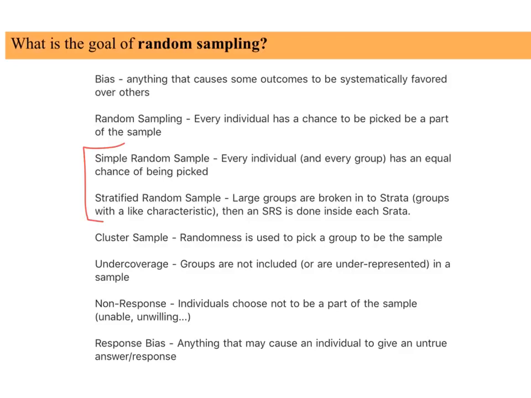Let's say I wanted to conduct a poll on students at the high school, grades 9 through 12. And let's say it was concerning requirements for courses. In a simple random sample, my methodology might be I take every student's student ID and I randomly generate, let's say, 100 numbers, and I ask those 100 students that come up. Well, in that case, every single student had an equal chance of being picked, right?